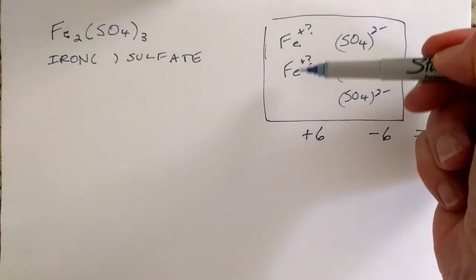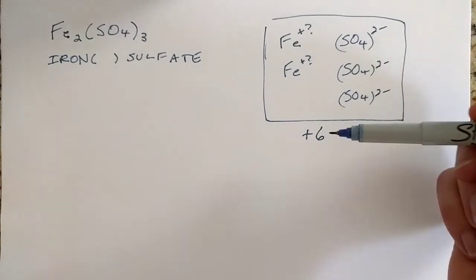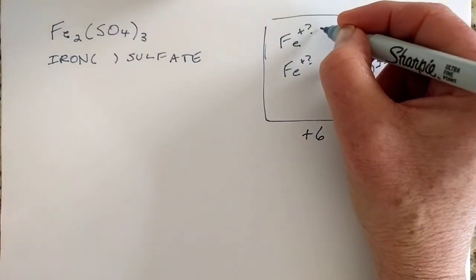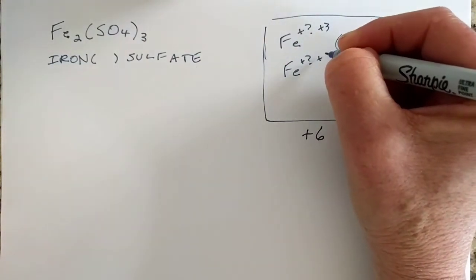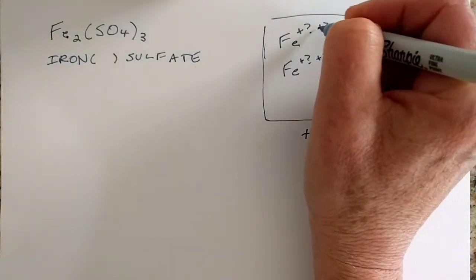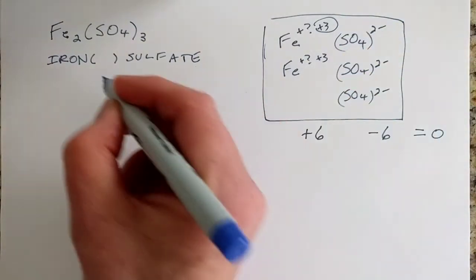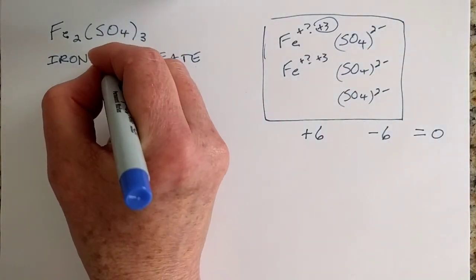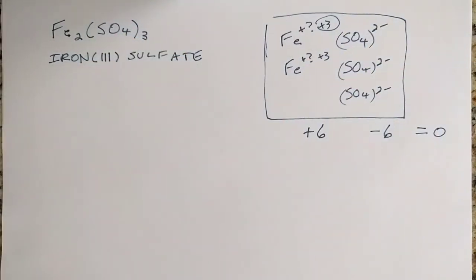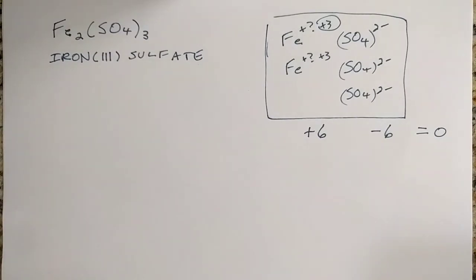But we have 2 ions here that have to add up to +6, so that means each one has to be a +3. So this is what goes into our parentheses, the charge of each ion. So this compound, the name is iron Roman numeral 3 sulfate.